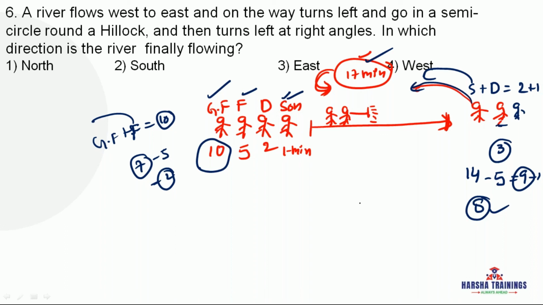Starting again: grandfather and son cross the bridge, taking 10 minutes. Grandfather stays here and son comes back, taking 1 minute. Remaining minutes: 6. Again, son, daughter, father are here. Then what is the strategy?